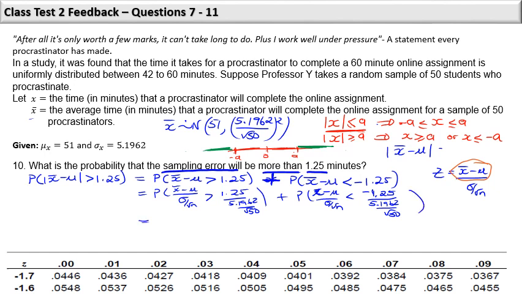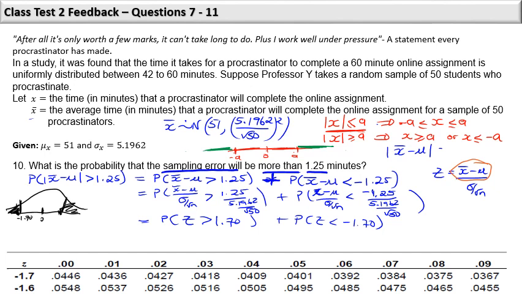So this simplifies to the probability that z is greater than 1.70 plus the probability that z is less than negative 1.70. Now, if we draw and represent what they are asking us, we've got 0, negative 1.70 is this area, and positive 1.70 is this area.